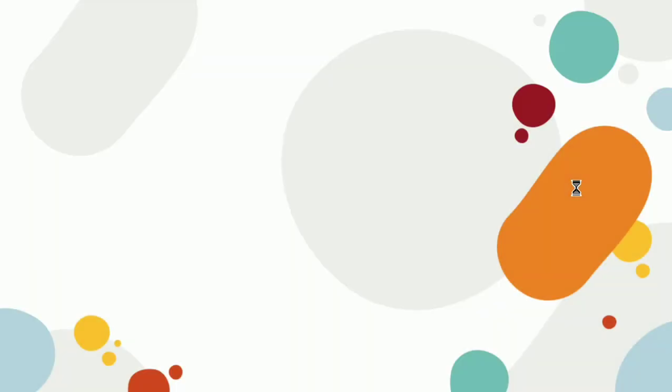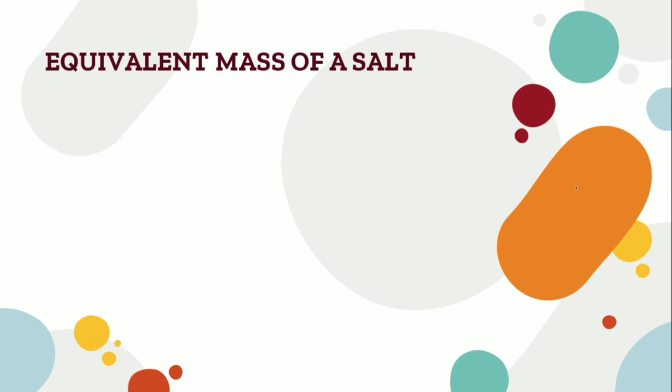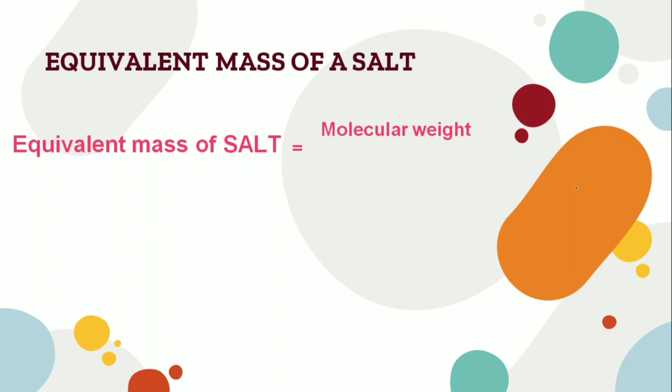Next concept, the equivalent mass of the salt, how to calculate. Very simple: the equivalent mass of the salt is equal to molecular mass divided by the total positive valency. For example, I will calculate the equivalent mass of NaCl.